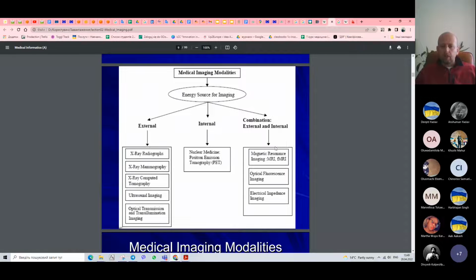For example, external we use for X-ray radiographs, X-ray mammography, computed tomography, ultrasound, optical transmission, and transillumination imaging. In this case, we have an outside source of X-ray or ultrasound, and we see how the body interacts with this external radiation, this external energy.